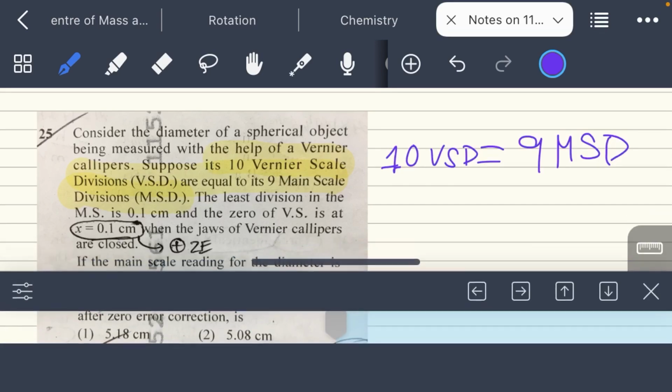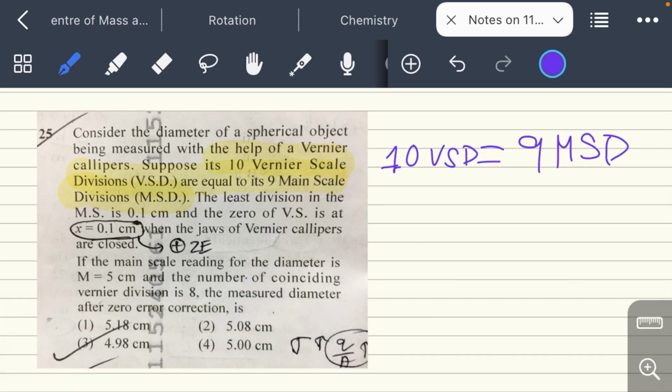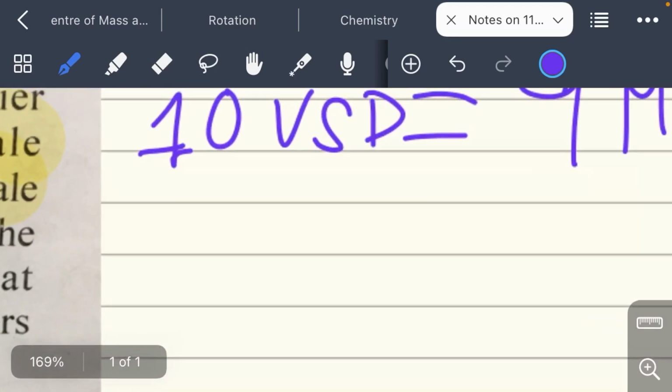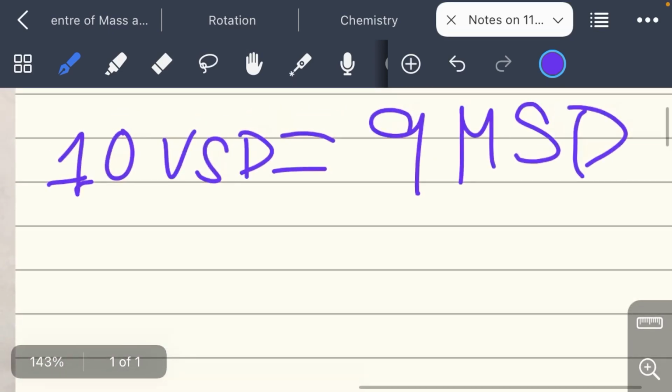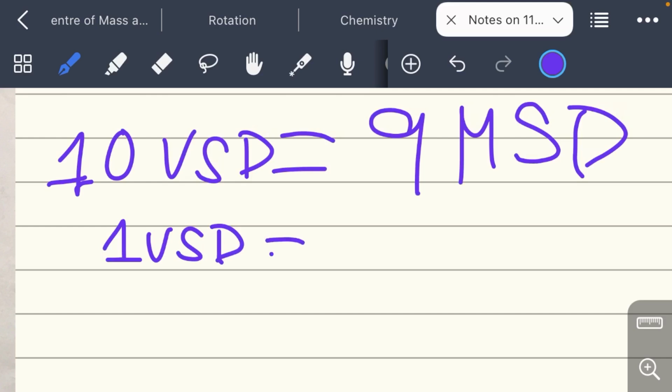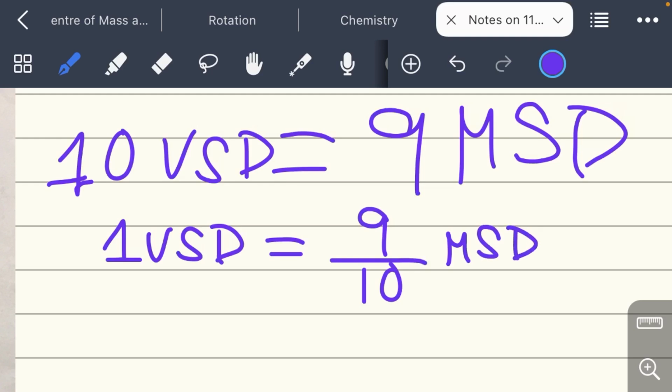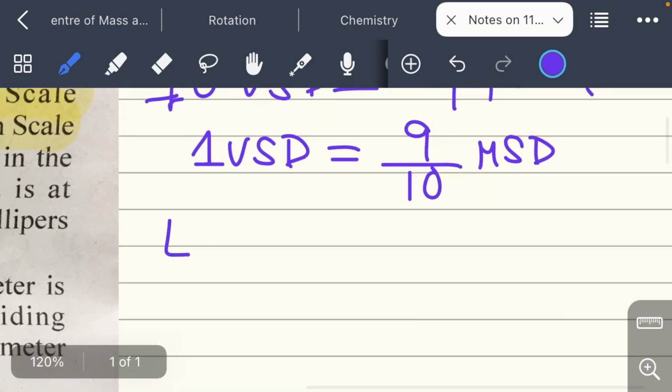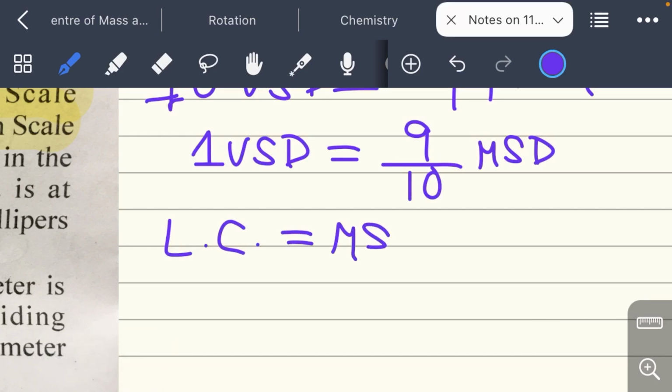So 10 VSD equal to 9 MSD. That means 1 VSD equal to 9 by 10 MSD. So least count will be equal to 1 MSD minus 1 VSD.